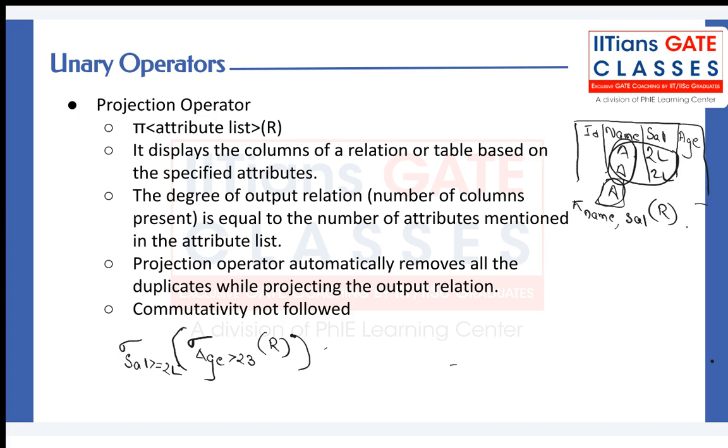If I interchange these two selection conditions, will there be any effect? No, there won't be any effect. Now the question is, let's say I get some set of attributes from pi, let's call it A1, from the relation capital R. And after that, I apply another projection operation with A2.